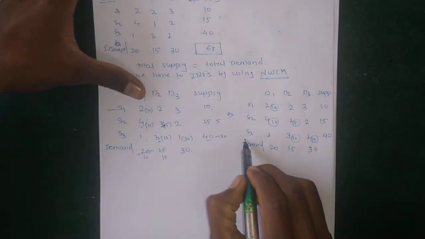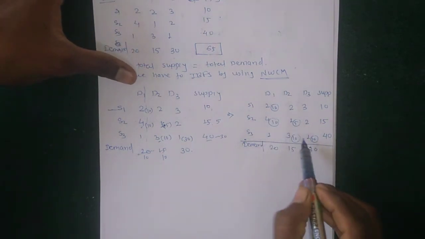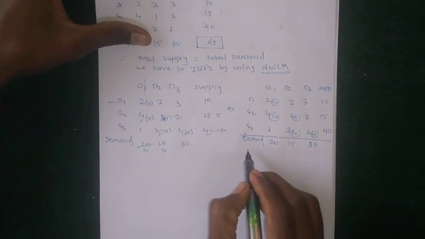Here the number of allocations is 5: 1, 2, 3, 4 and 5, in this table.